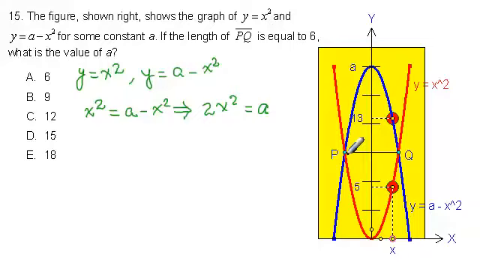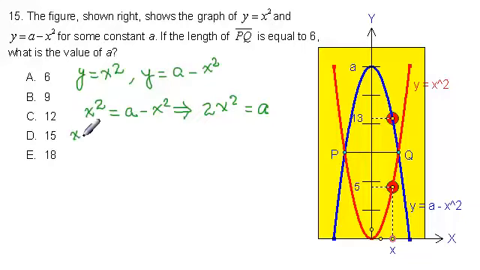Now the given information says the segment PQ has length 6, which means the distance from the midpoint to Q is going to be 3.